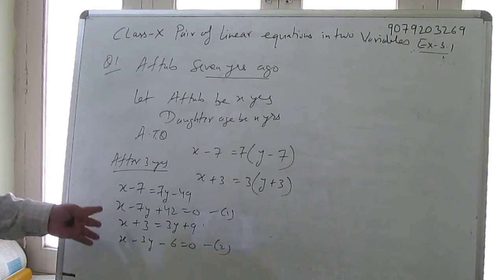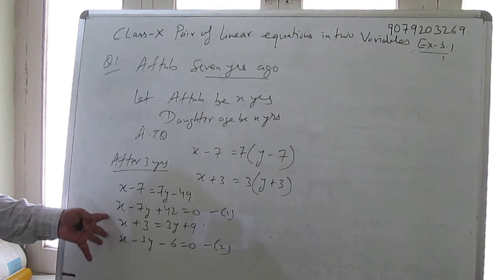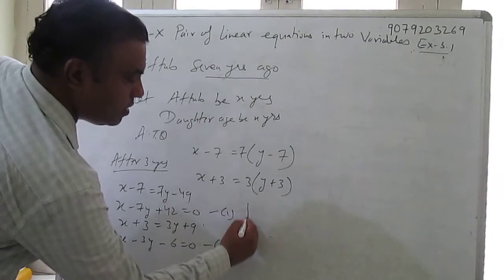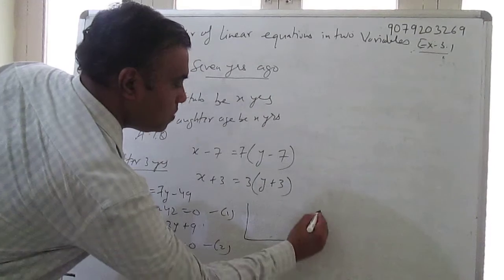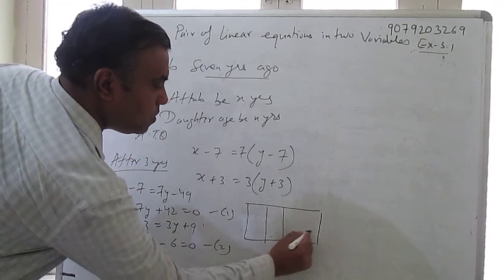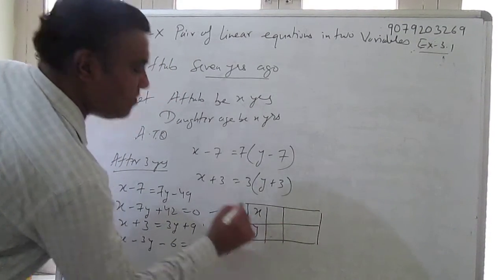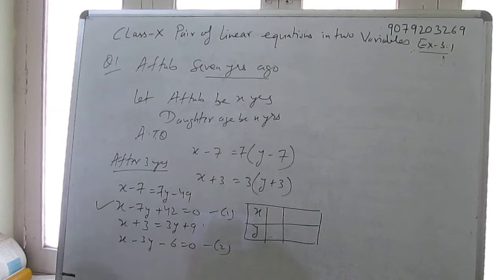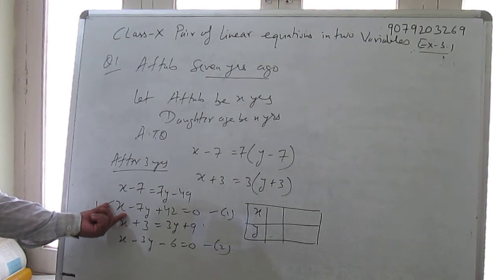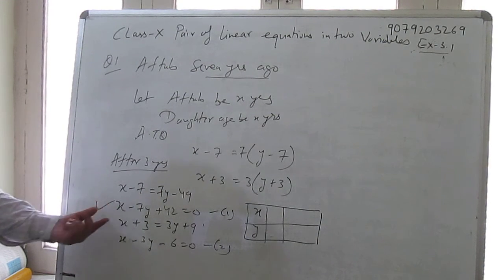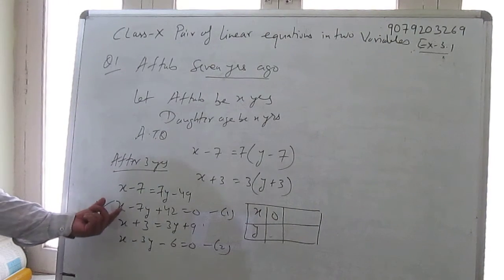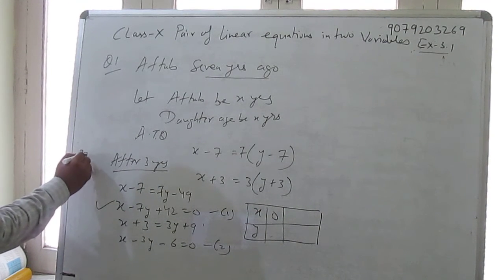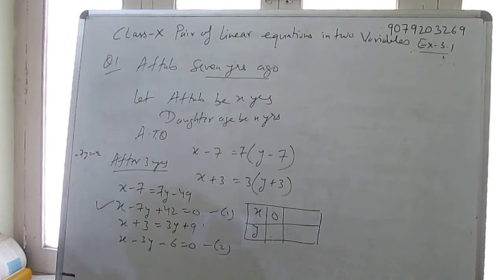Now we plot these two equations in the graph. So for the first equation we make a table, x and y. If I take in this equation x is equal to 0, what does y become? If I take x is equal to 0, then minus 7y is equal to minus 42.